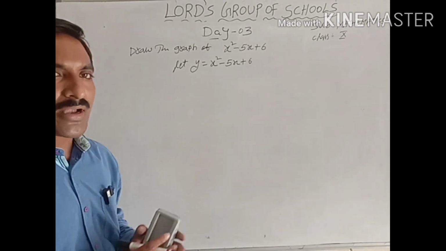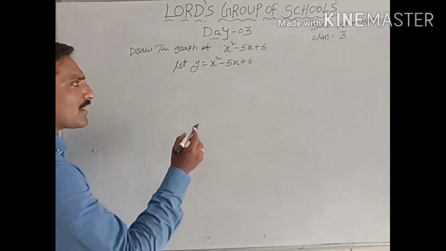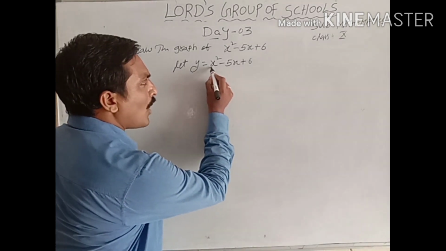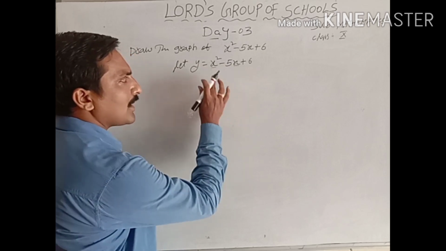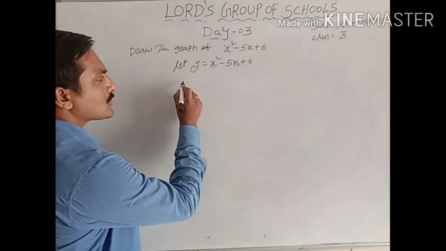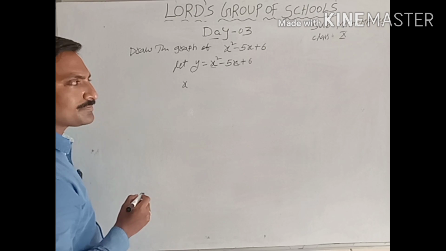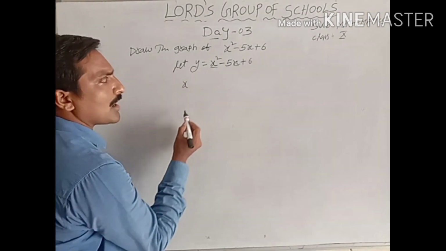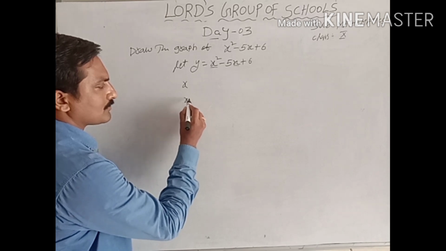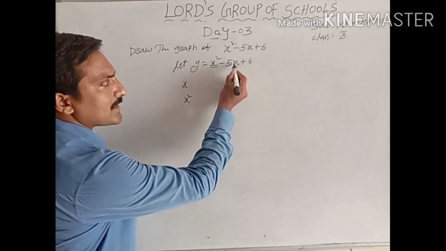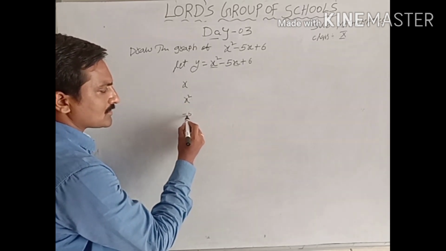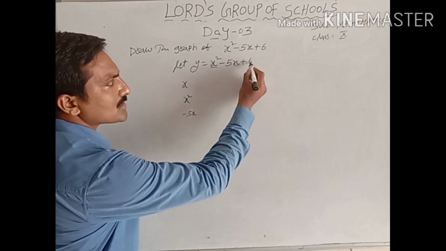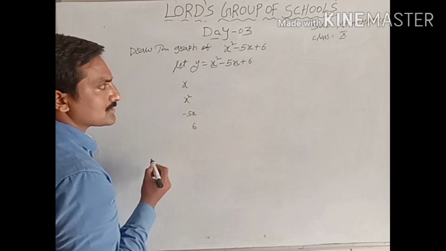First you need one table. How to prepare it? In the given polynomial, what variable is present? X is the variable, so start with x first. Next, what is the first term of the given quadratic polynomial? X square. Next, the second term, minus 5x. Next, the constant is 6.